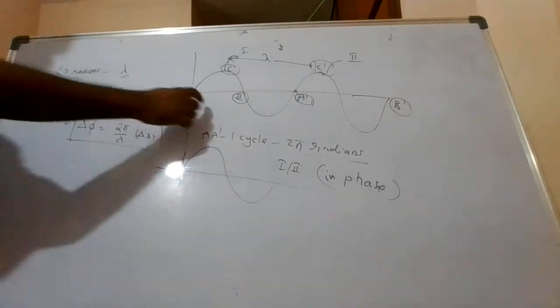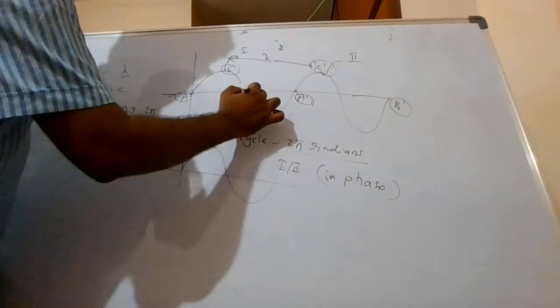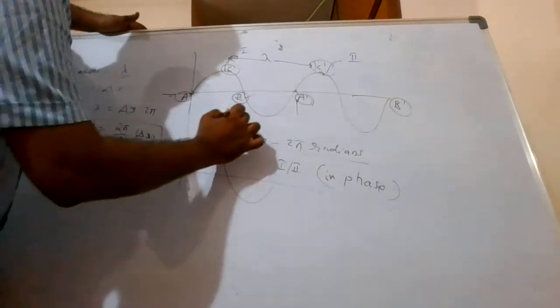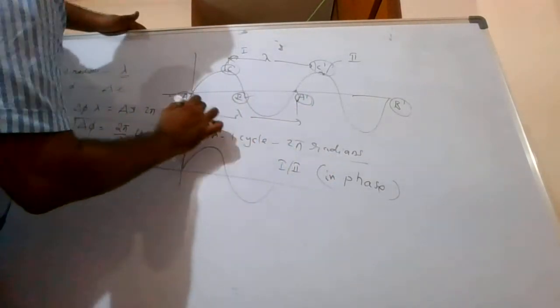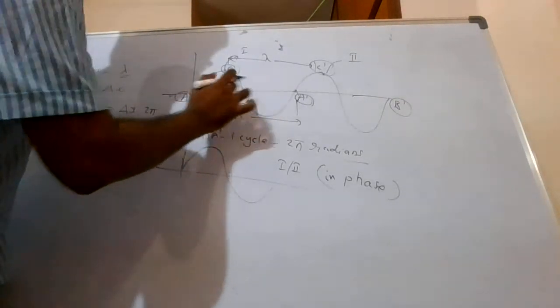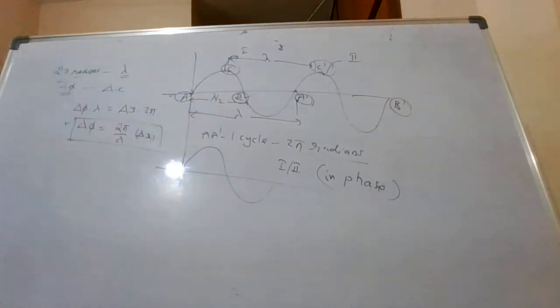Like in the previous example, if I take the point A and I take the point B, look here, from here to here it is lambda. Since the wave is absolutely symmetrical, A to B will be the half distance. This will be lambda by 2. Suppose I give you lambda by 2 distance, what is the phase difference? How will you find out?